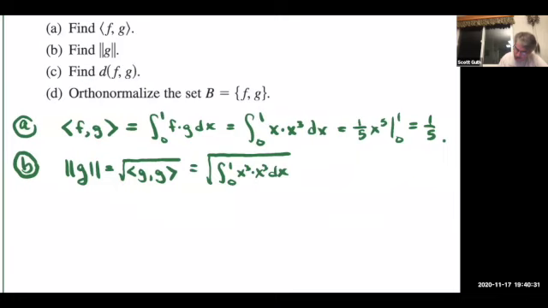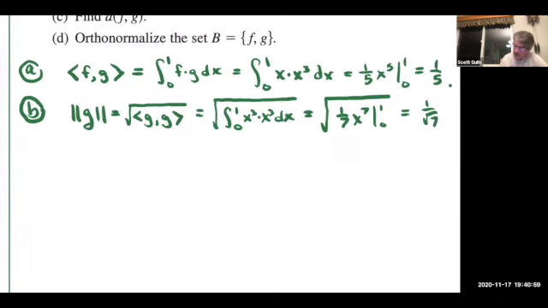And so this would be the square root of the integral of x to the sixth. So that'll be 1/7 x to the seventh from 0 to 1. So that'll just be the square root of 1/7, which is going to be 1 over the square root of 7, which I'll probably simplify eventually.